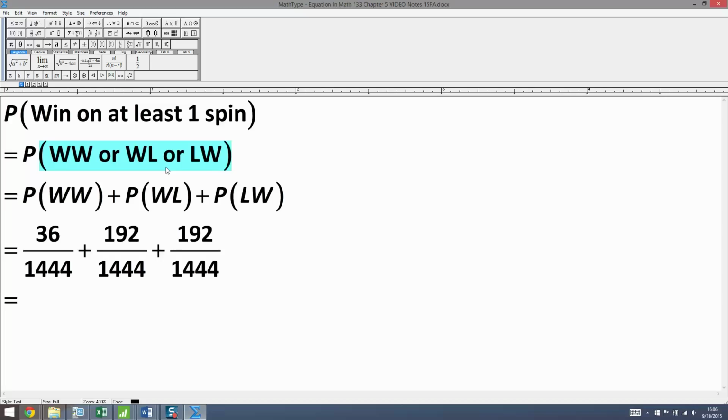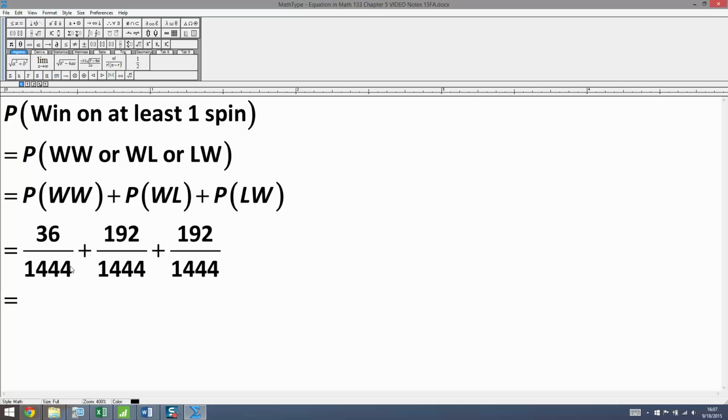They're disjoint, so you find the probability of win-win, which we already did, 36 out of 1444, plus the probability of win-lose, plus the probability of lose-win. Notice I didn't use the reduced fractions. This is why I didn't reduce them earlier, because I knew I needed to add them when they had the same denominators. Of course, you could use the decimals as well.